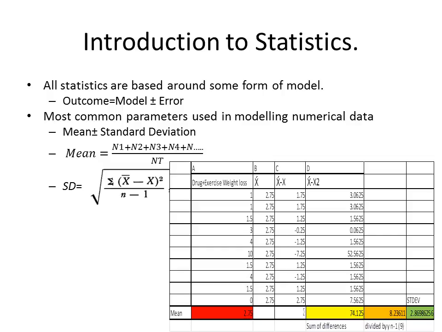Okay, so if we now look at the table again and we look at column B, we can see we've got our x with a little line over it. All the way down that column is just 2.75 because that's our mean. Now in column C, we're dealing with the x-bar minus x part of the equation. So all we're doing there is taking column B and subtracting column A. If we look at the first line, the first participant has 1.75.